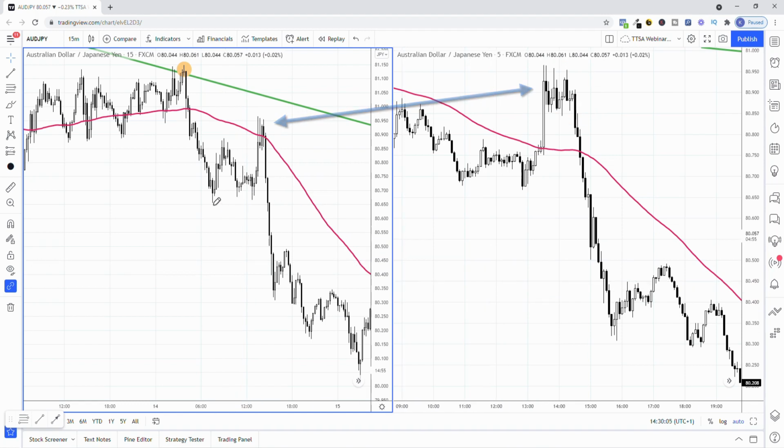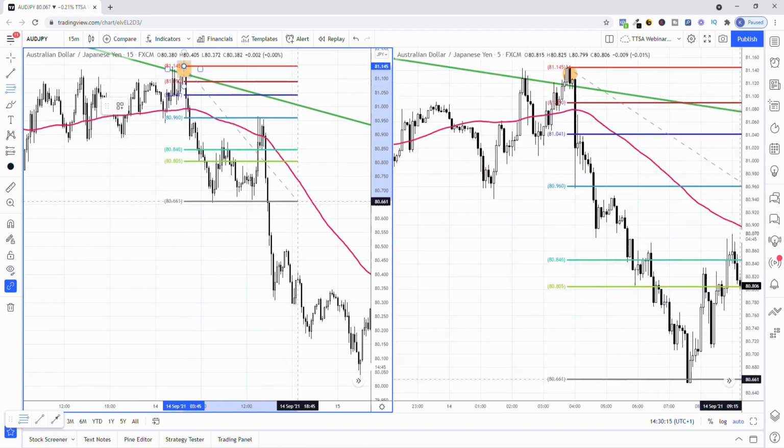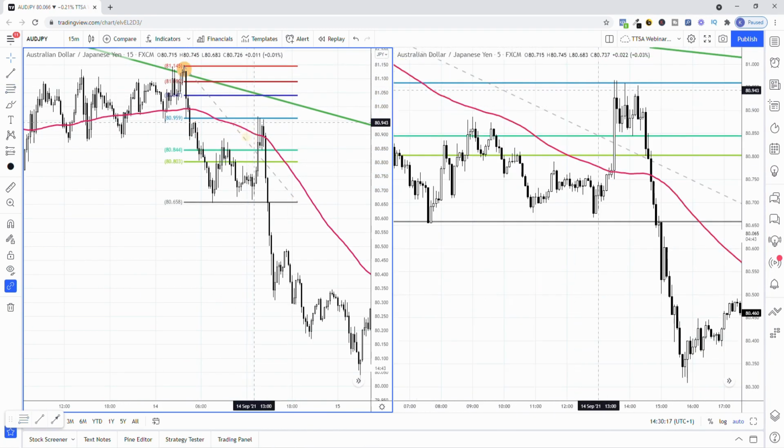Now what we have here is an A, B, C, D, which when we draw our Fibonacci retracement is a really nice 618 retracement right here. And you can see that on the 5-minute too. So not only do we have that interaction at the regression line, we've also got a 618 Gartley pattern here.